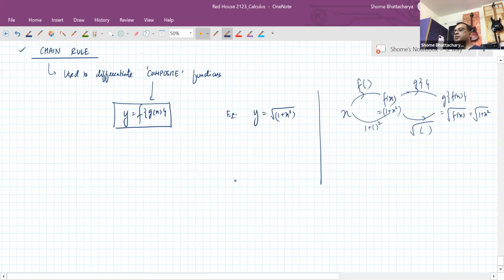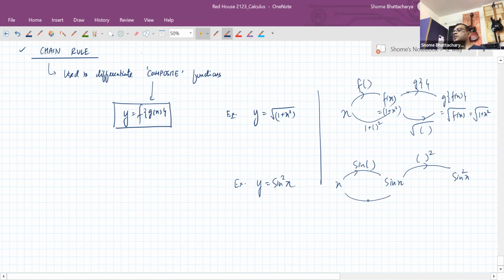Another example of a composite function would be y is equal to sine square x. In this, on x, we have first operated the function sine. So you got sine x. And then on sine x, we've operated the function whole square. So we've got sine x whole square, which is sine square x.